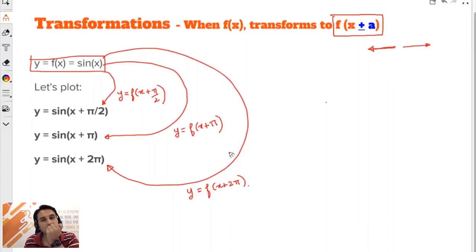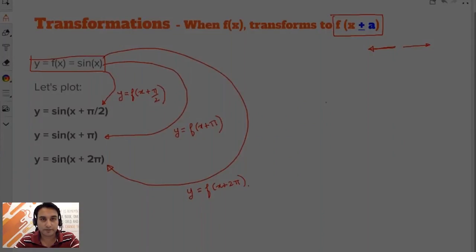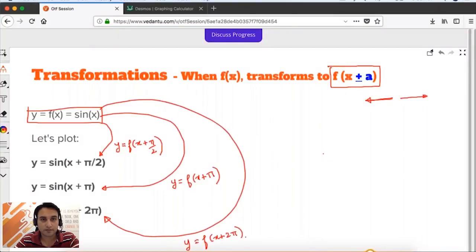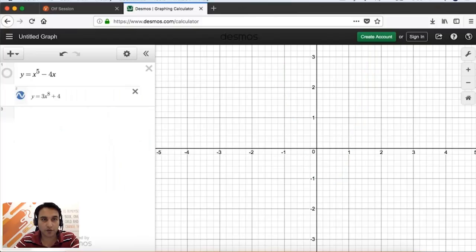What will happen? The graph will move. Anyways, I'll show you in Desmos. Plot it, all of you, in your notebooks. Y is equal to sin x, all of you know.